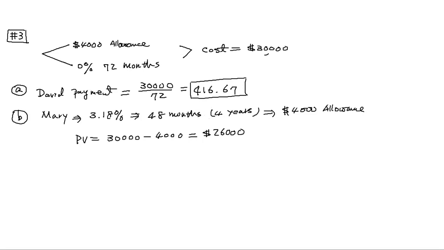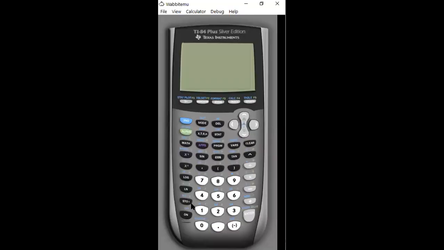I'm going to switch back to the calculator. Clear that out. So we will do apps and finance, the TVM calculator. Mary is 48 months, so it's 4 years, and the total number of payments is 48.